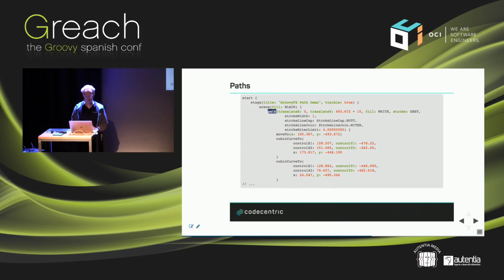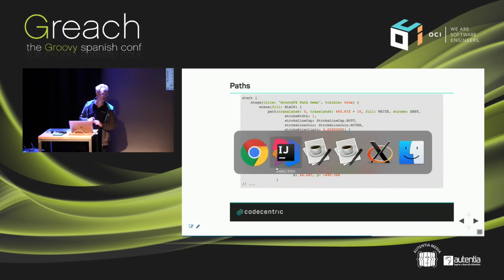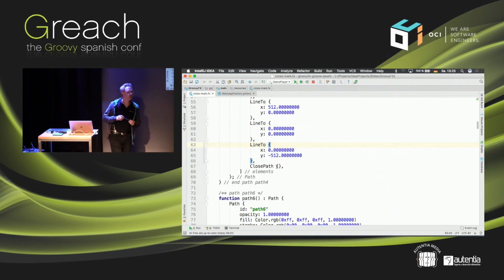I just move to this position, then make a cubic curve to this with these control points and so on. For someone who's not so much into the basics of graphics, this is hard, but if you have an SVG file, you can open that with Inkscape, and Inkscape has an exporter to the old JavaFX script.